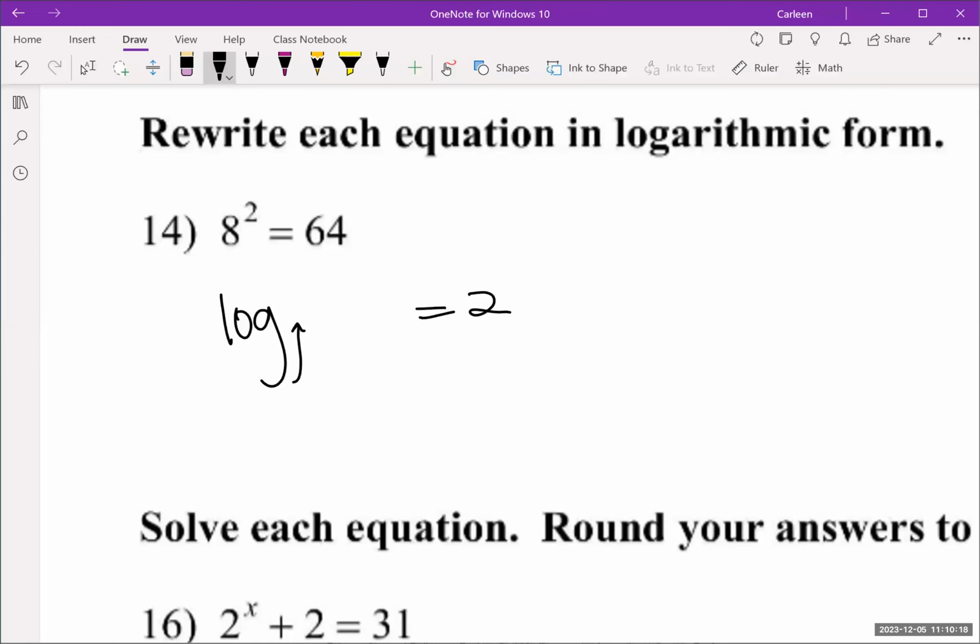The exponent has been isolated. So this is the base, and this is the answer. The base goes right there. The exponent is isolated. That's why we keep practicing, because it makes sense. But then when you see it 3 minutes later, you're like, I'm not sure.